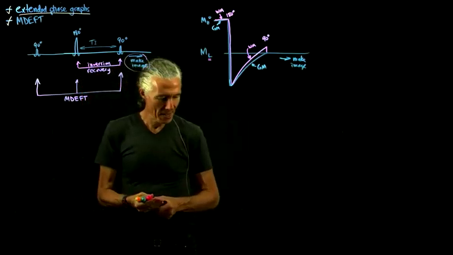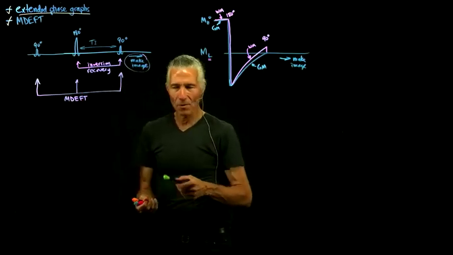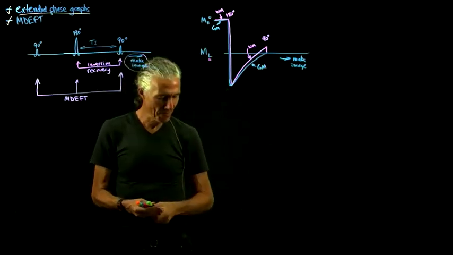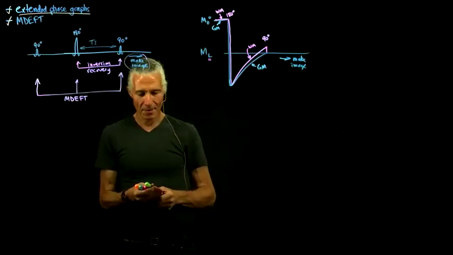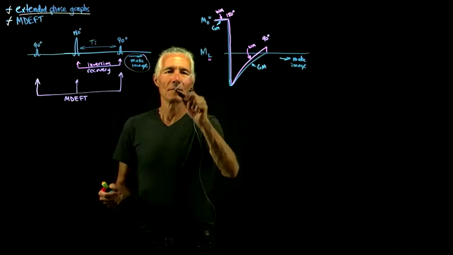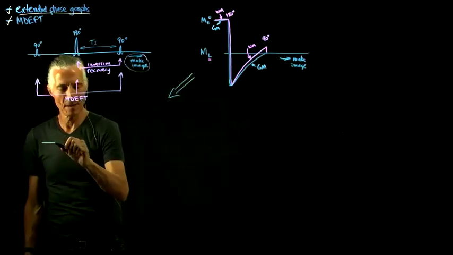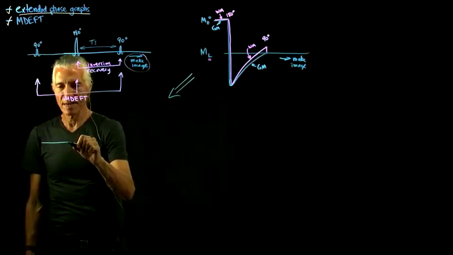The point is that we have a situation where, let's just draw out what's going on. Here's a copy of that. We've got some magnetization to start with.